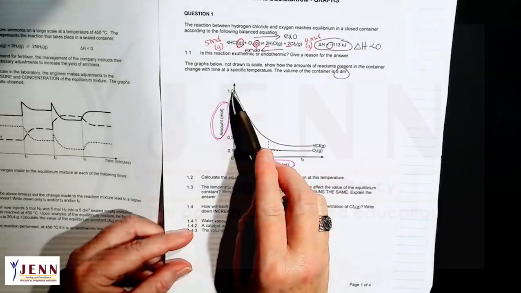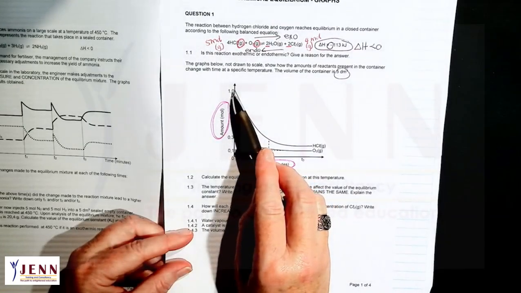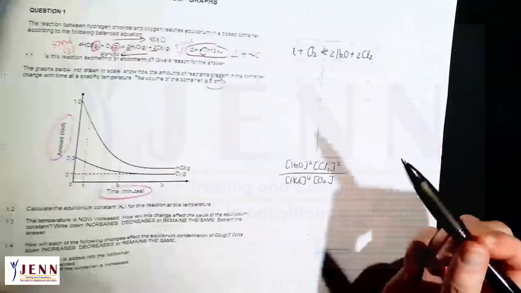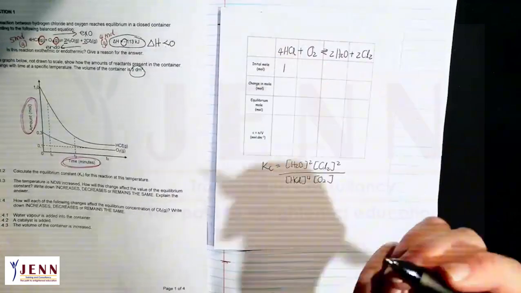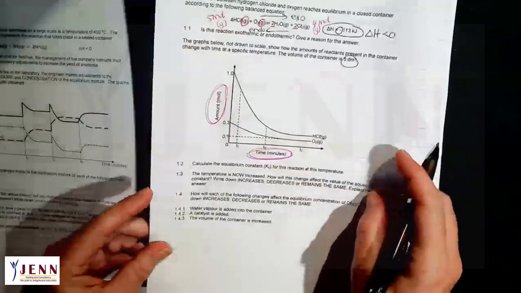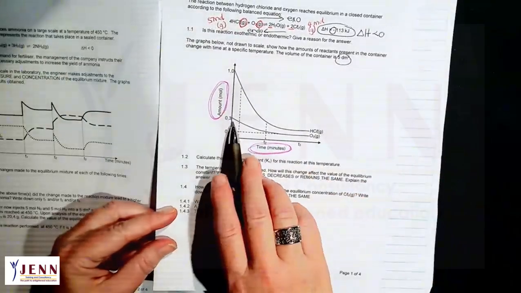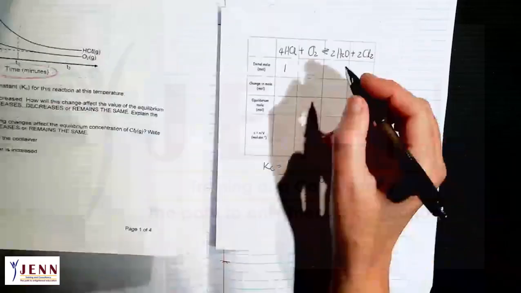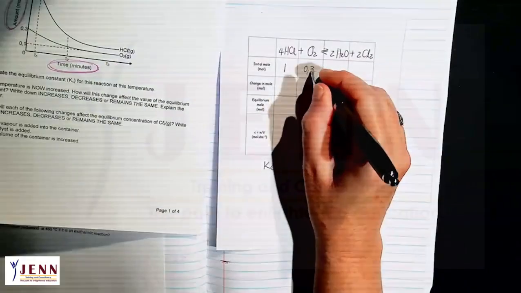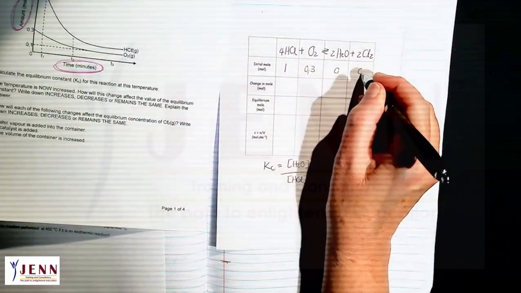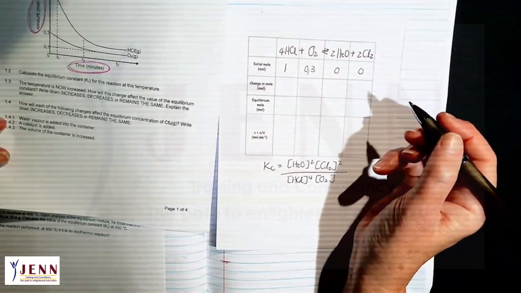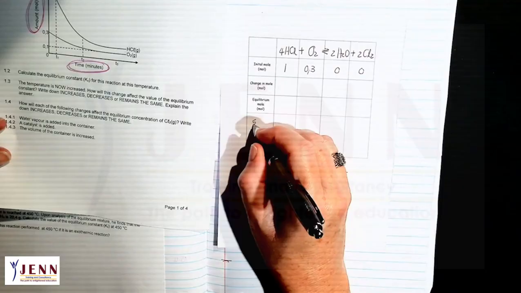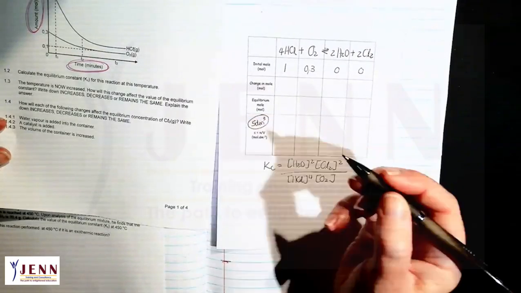So now that means I started here at 1, so that is for HCl, that was 1. So I can just write 1 or 1,0, that's 1. If I look at the O2, you will see it starts at 0,3, so I write 0,3. Initially I had 0 of that and 0 of that, because they told me it's a closed container, and this is 5 cubic decimeters.